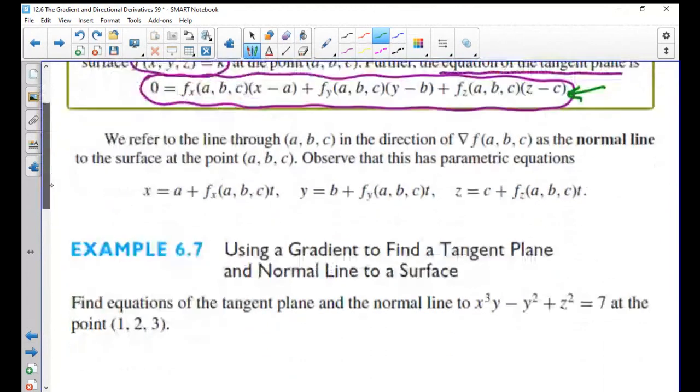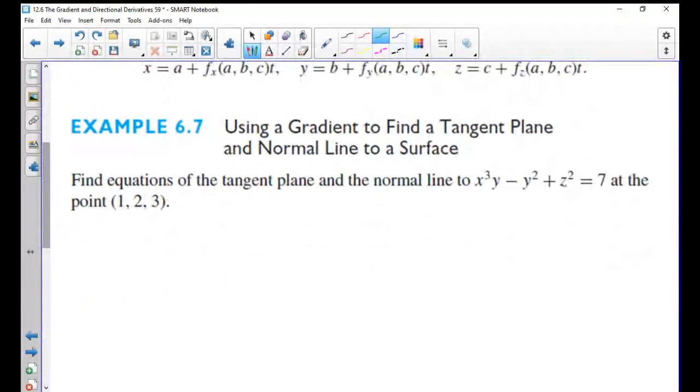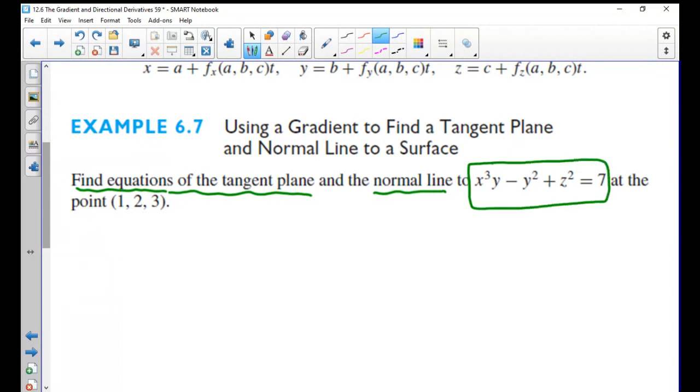So this is really important. We need to have a look at how it works through an example. Find the equation of the tangent plane and also the normal line. I will come back to the normal line in a moment. So here is the surface, and I want to find the equation of the tangent plane to this surface.